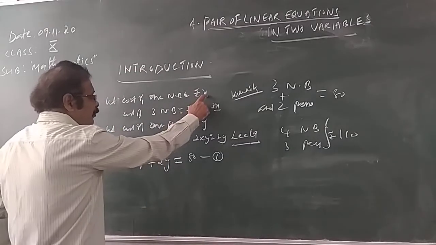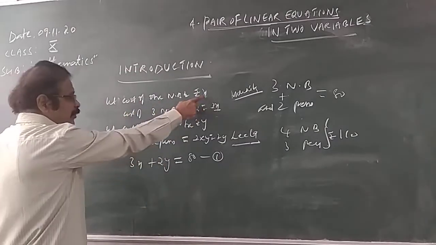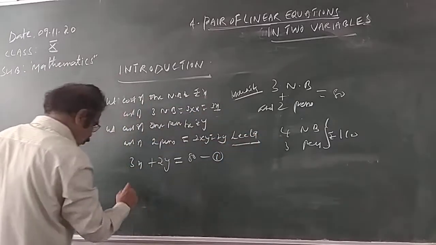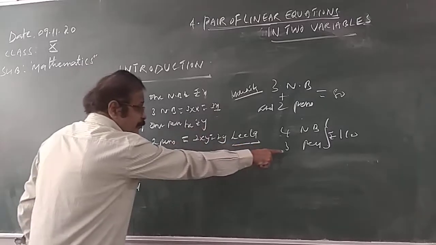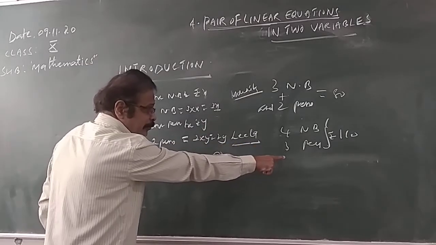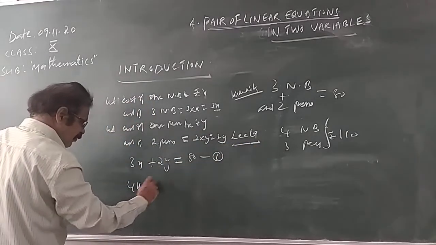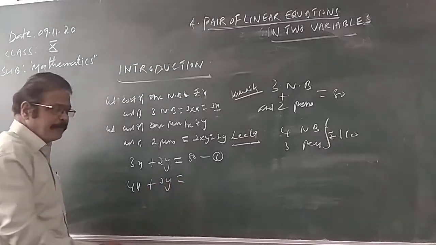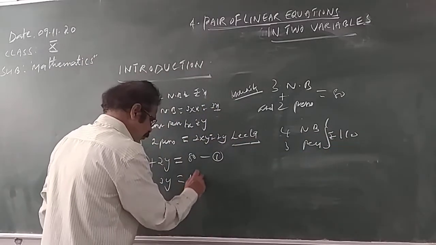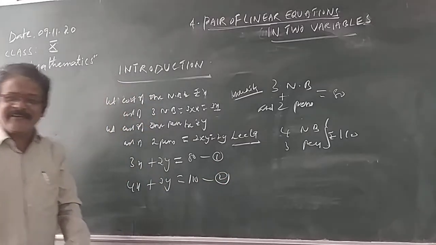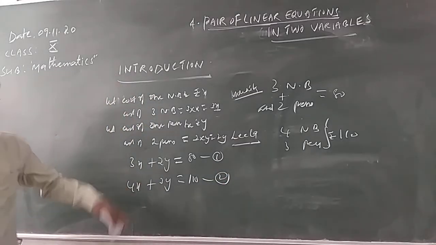Let the cost of one notebook be x rupees. The cost of 4 notebooks is 4x. The cost of one pen is y. How many pens did she bring? 3 pens. The cost of 3 pens is 3y. Leela paid 110 rupees for 4 notebooks and 3 pens. This is the second equation.